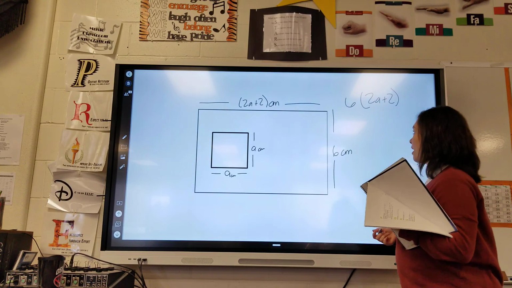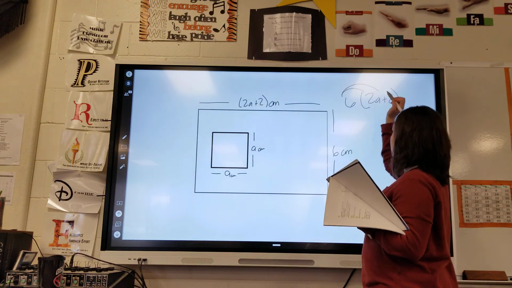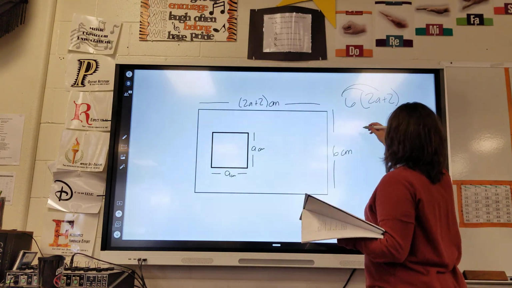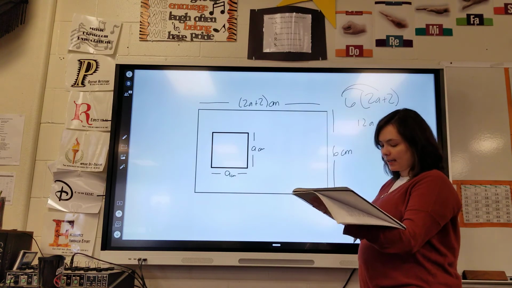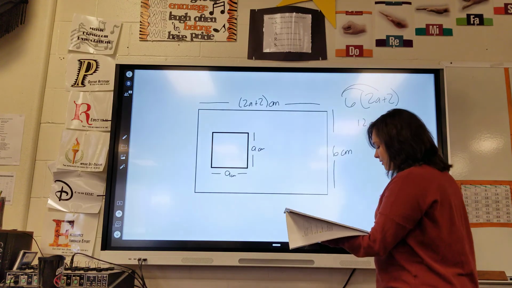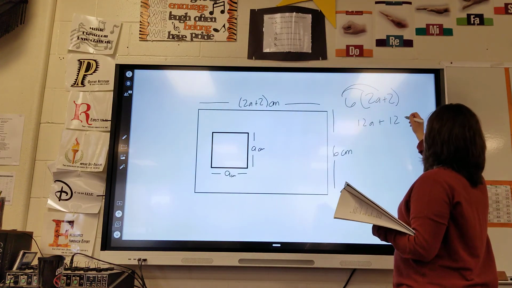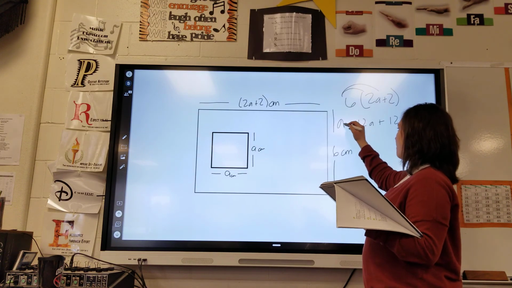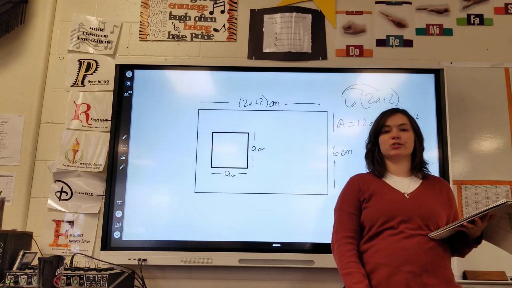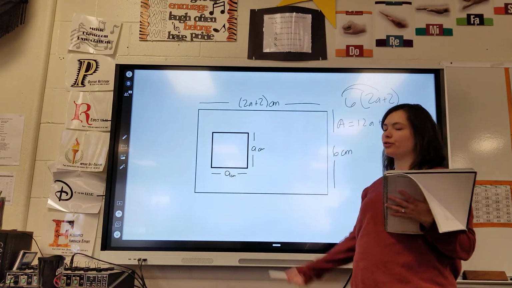Well, we just distribute the 6 like we did in the other chapter. We get 12a plus 12, okay? And now we can leave it as this new simplified expression for the area. This is equal to the area, 12a plus 12 centimeters squared. That's for the entire rectangle.